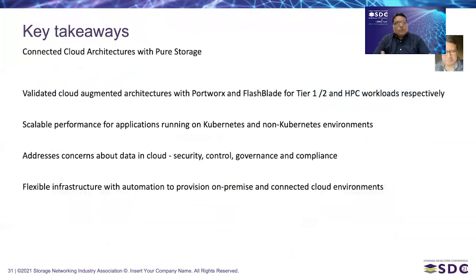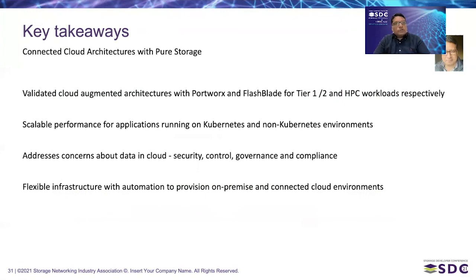Now, before I conclude, I would like to highlight a few key takeaways. First of all, the validated cloud-augmented architecture, that is, as I talked about, the Google Anthos GKE Portworx validation that we did on Equinix Metal, where we could be running a lot of databases and tier 1 applications.